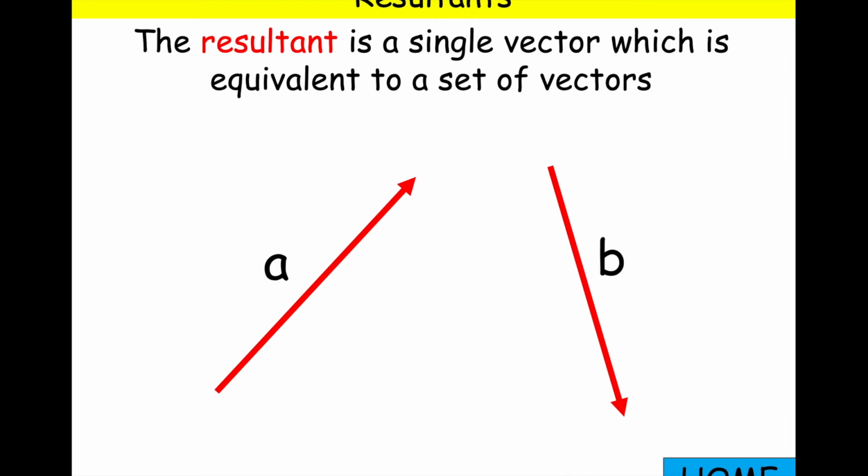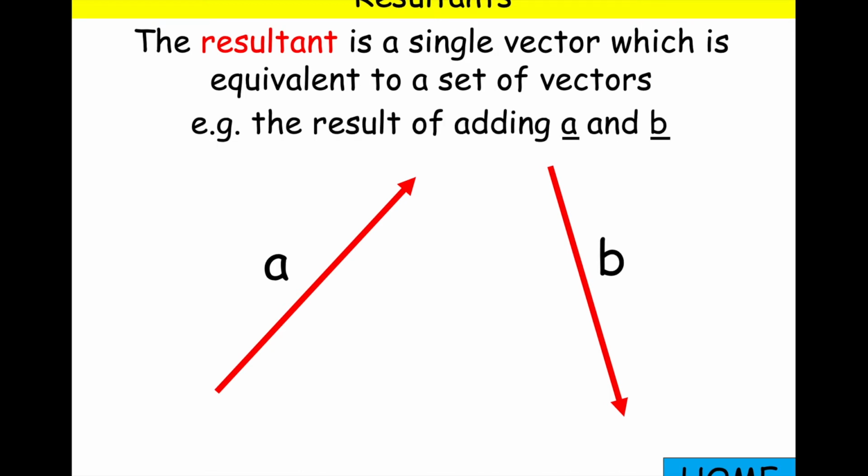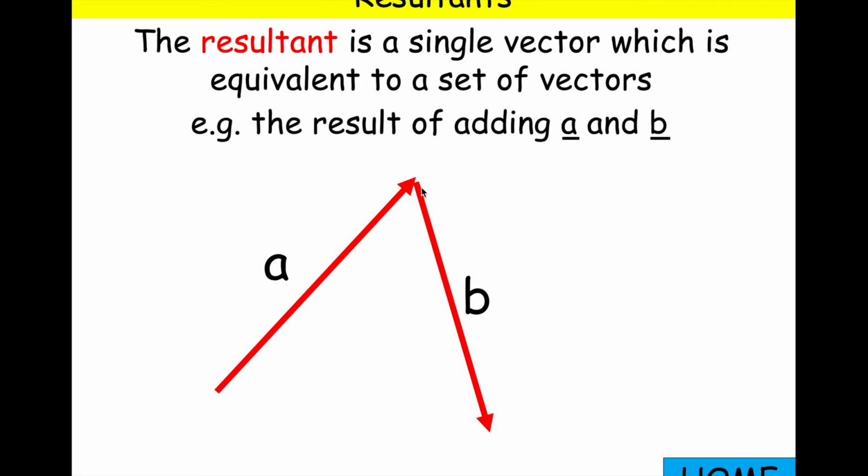One vector consists of several components. For example, vector A plus vector B gives us vector C, and vector C is the resultant. It consists of vector A and vector B. So you can say that vector C is equal to vector A plus vector B. We will cover addition and subtraction a little later.